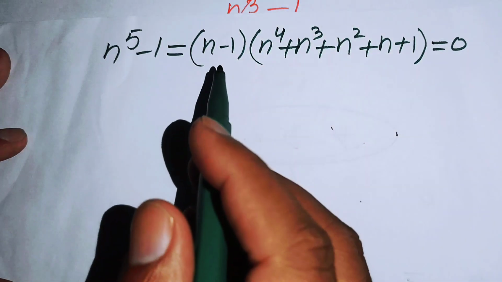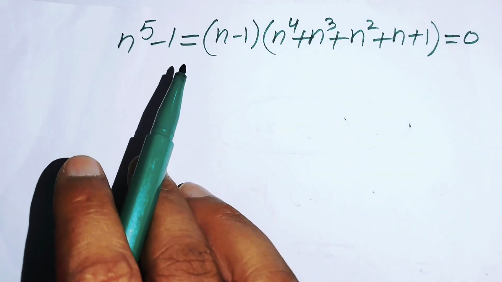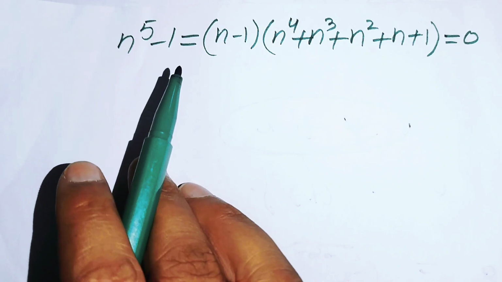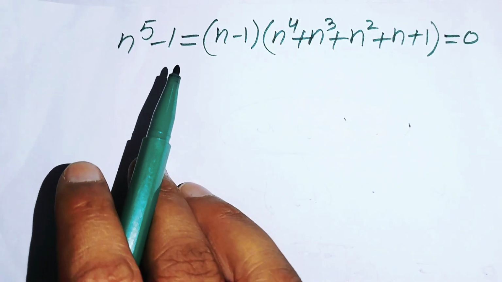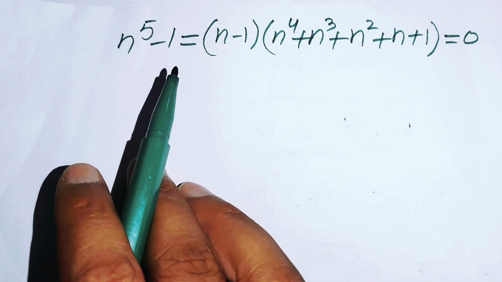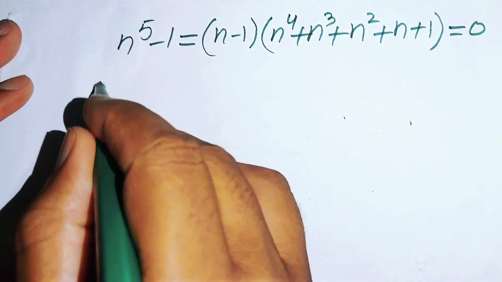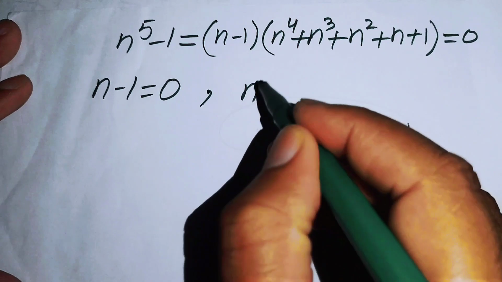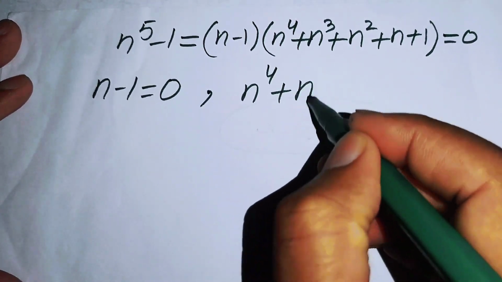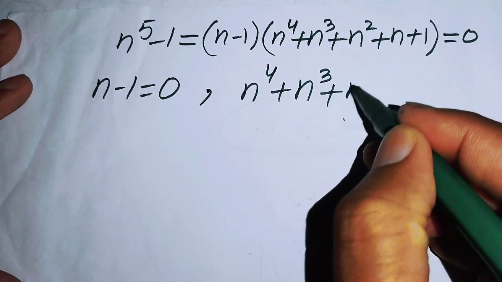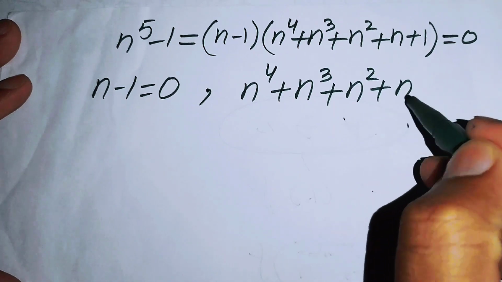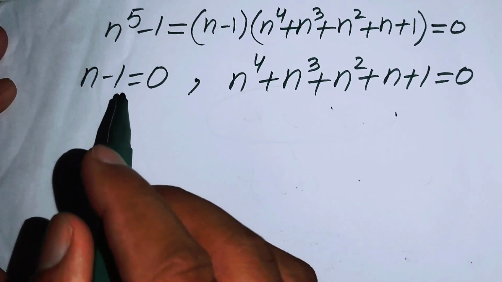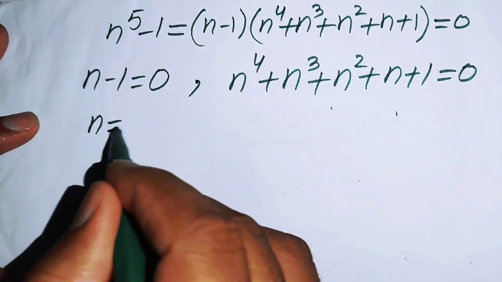So here we have two cases. The first case is n minus 1 equals 0, and the second case is n to the power of 4 plus n cubed plus n squared plus n plus 1 equals 0. So in the first case you get the value of n equals 1.